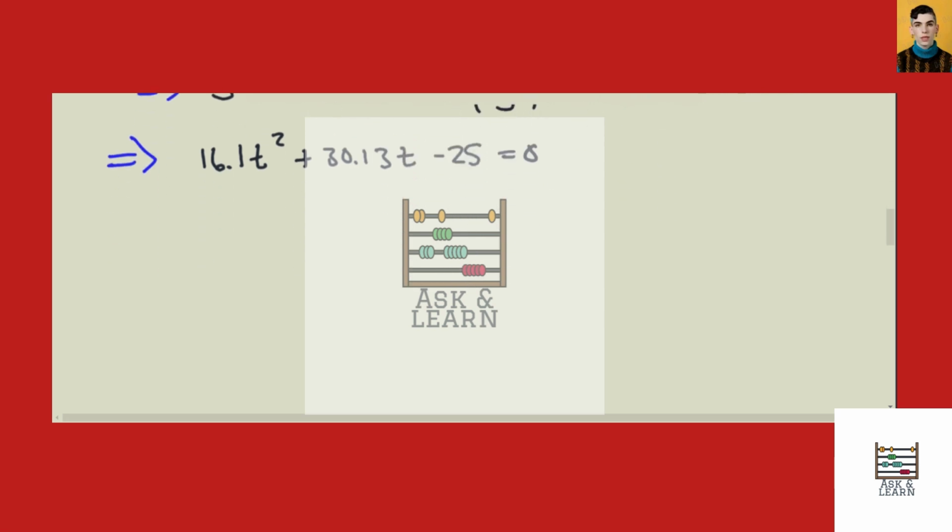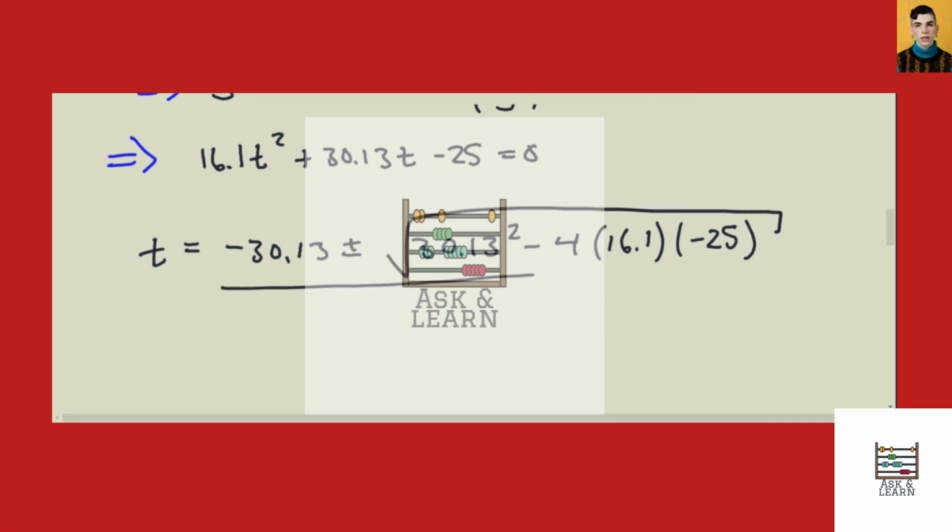To solve for t, we need to use the quadratic formula. So t equals minus 30.13 plus or minus the square root of 30.13 squared minus 4 times 16.1 times minus 25, all under the square root, and everything divided by 2 times 16.1.